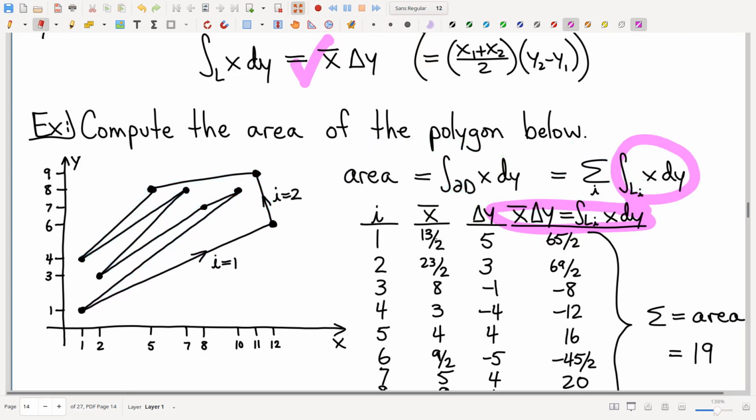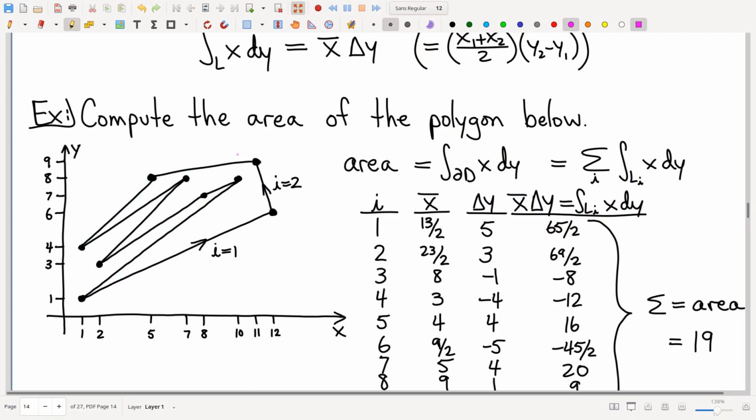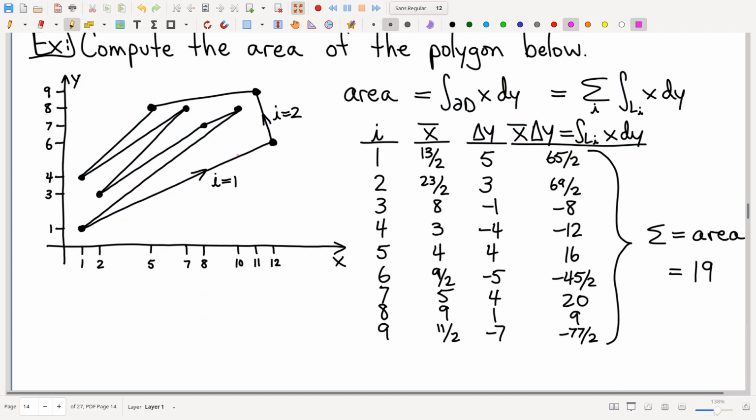So let me show you this put into action. Let's look one edge at a time. I'm just going to do the first one. The average value of x: x starts at 1 and ends at 12, so the average is 6.5. That was easy. What is the change in y?